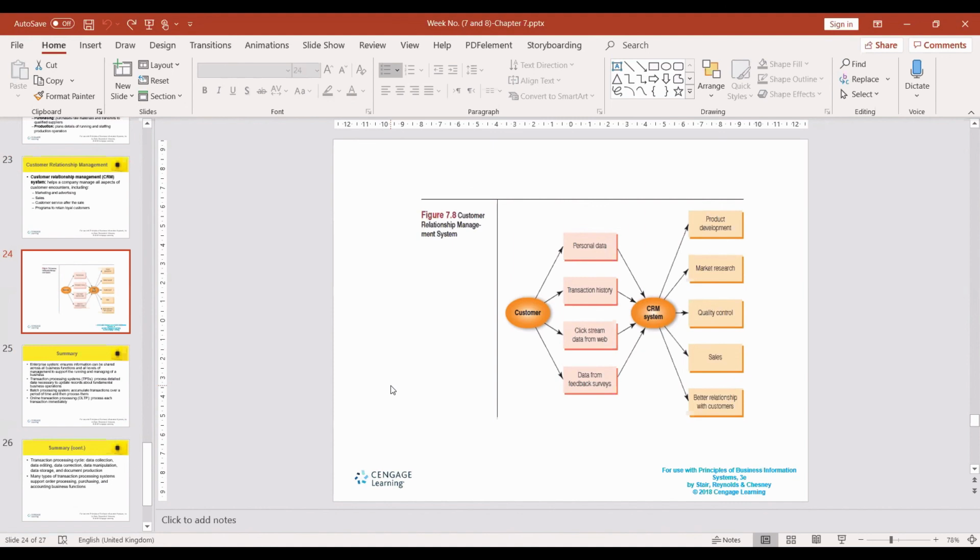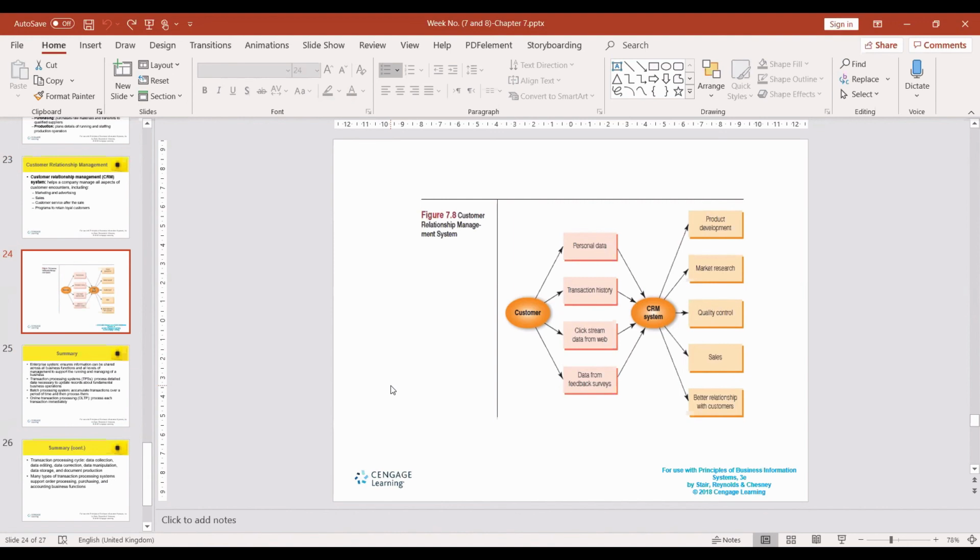Transaction history: the customer has already done a lot of shopping, so you can take that history. Clickstream data from the web, which can be purchased or downloaded from many websites. Data from feedback surveys: every time we receive many feedback surveys, we can gather that data.